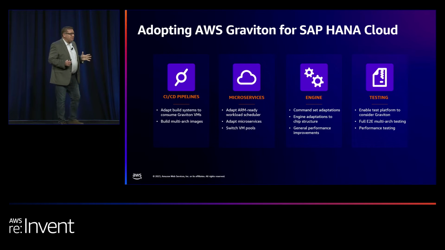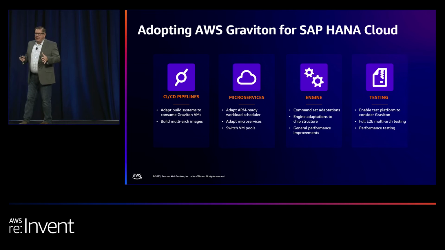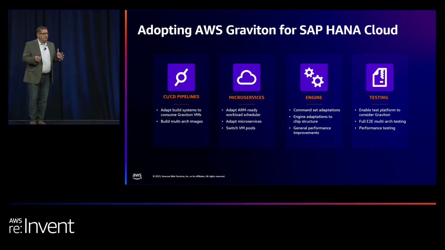Now, in terms of adopting AWS Graviton for SAP HANA Cloud, what we're showing here are what I would say are the main work streams, the key pillars of the project. From a product and service perspective, there are really three key parts to it that we'll go through, and then we'll get into some of the testing aspects.